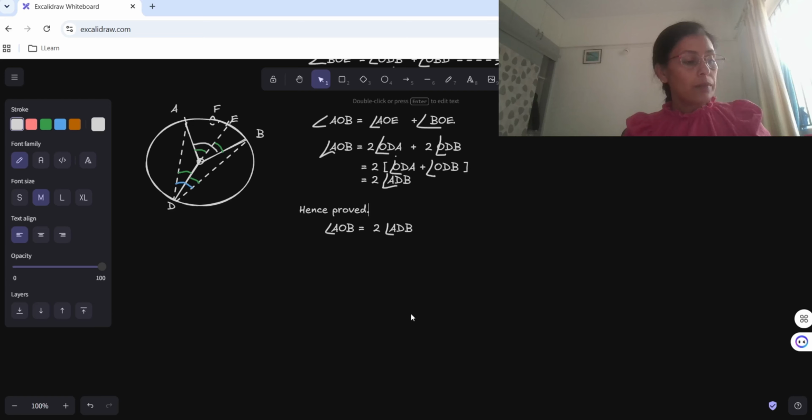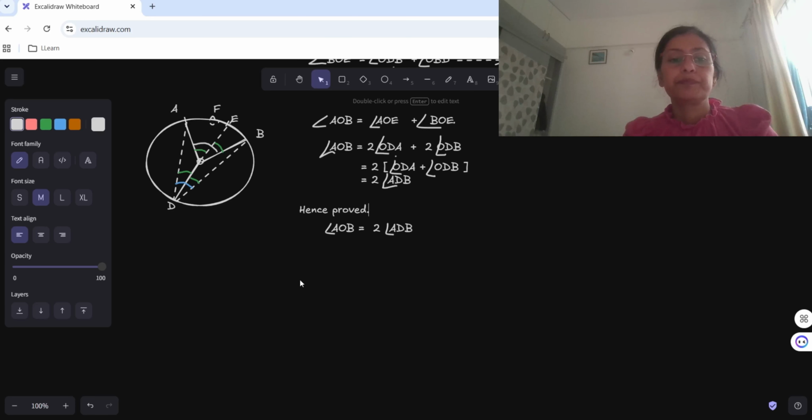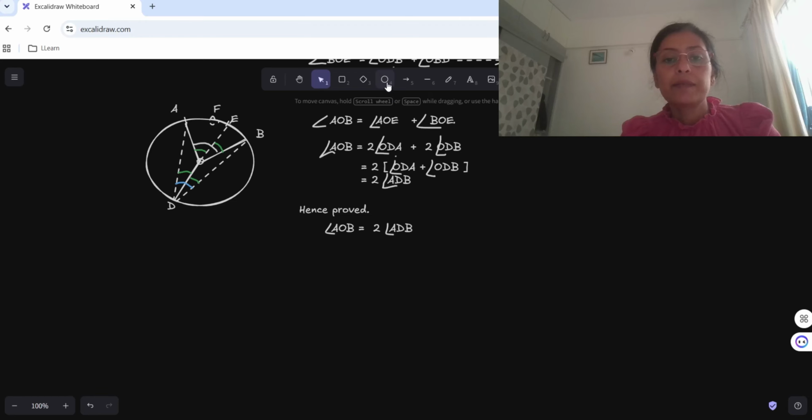But before we write theorem 9, there is one more case. What is the case here? What we have done here, when I have D is, excuse the noise, please. There are some kids playing outside, so that is why a lot of noise.